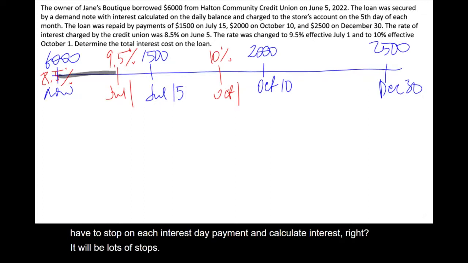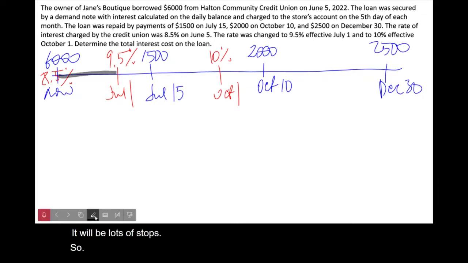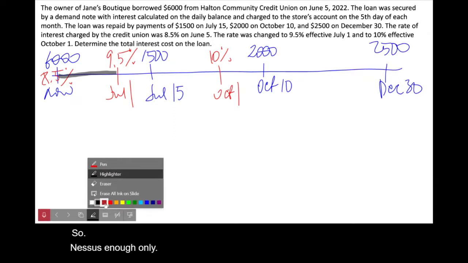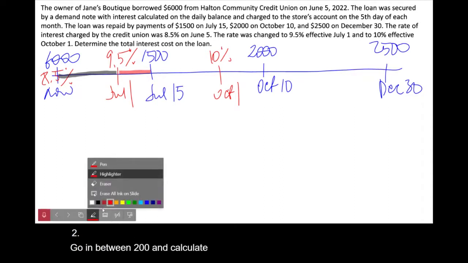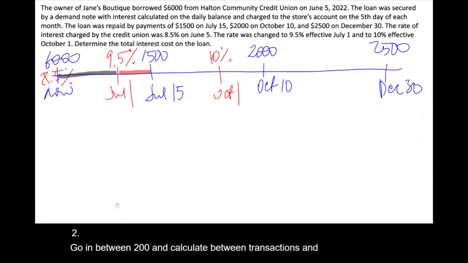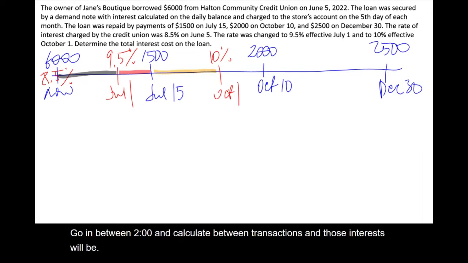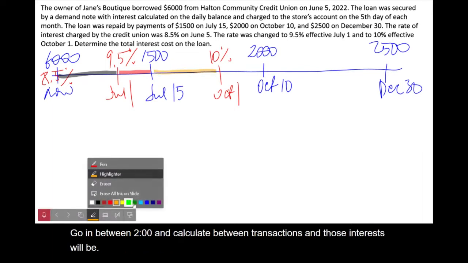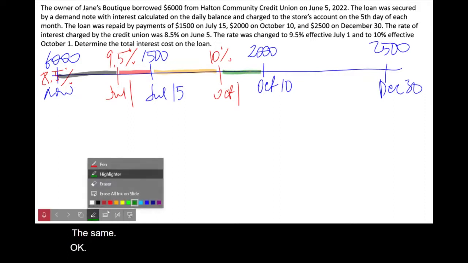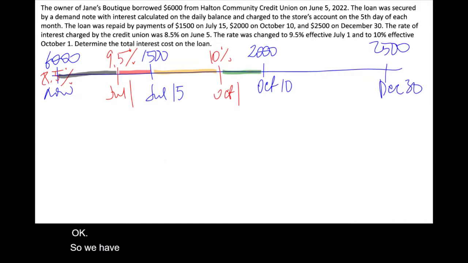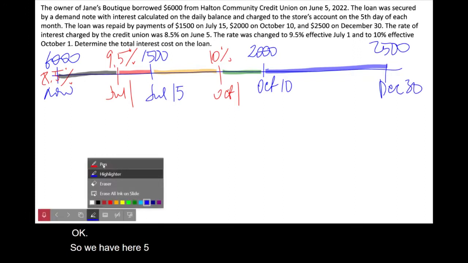It's enough only to go in between and calculate between transactions, and the interest will be the same. So we have here 5 stops. Let's do them.